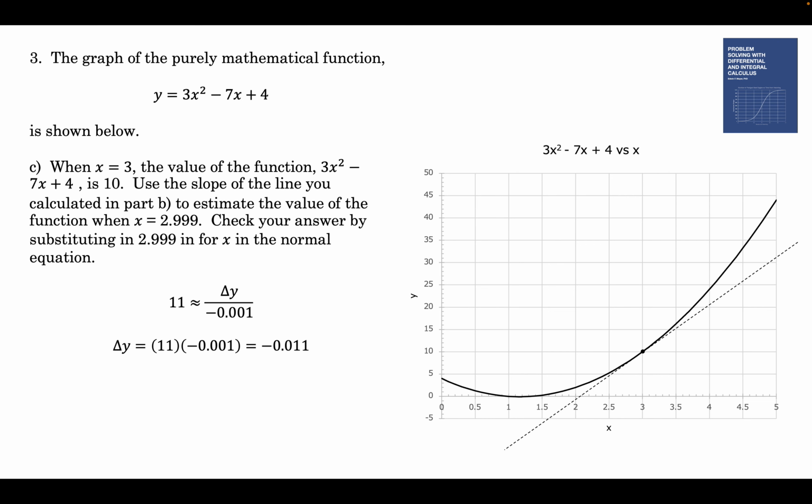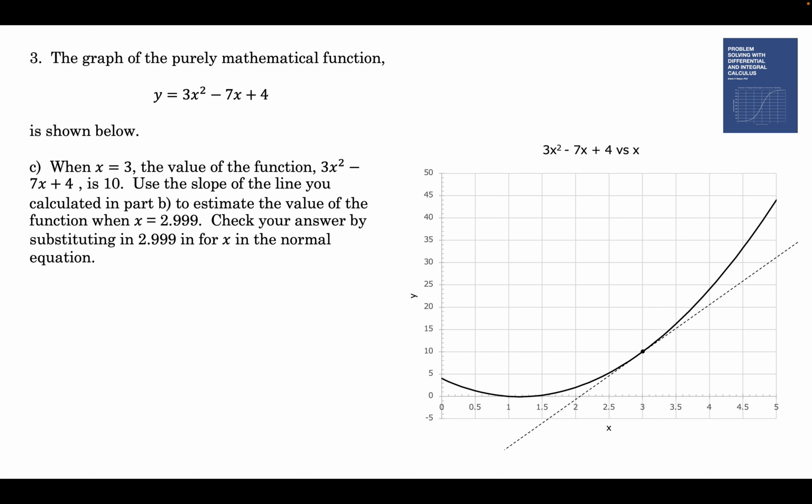So delta x is minus 0.001, and we can solve this for delta y. And we get minus 0.011. It's that much less than 10. So we can subtract 0.011 from 10, and we get 9.989. That's our estimate from the slope. We can check to see if we're right.